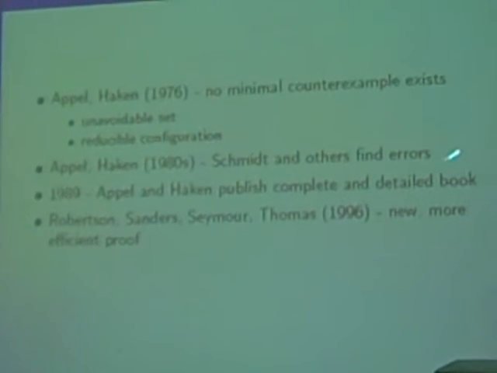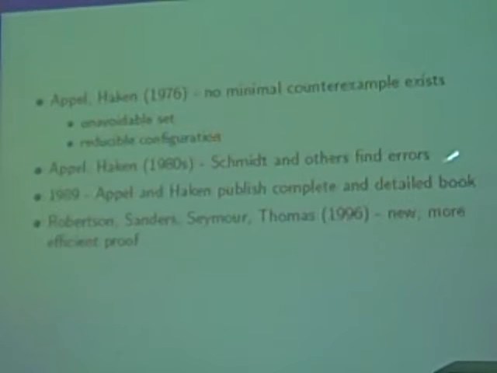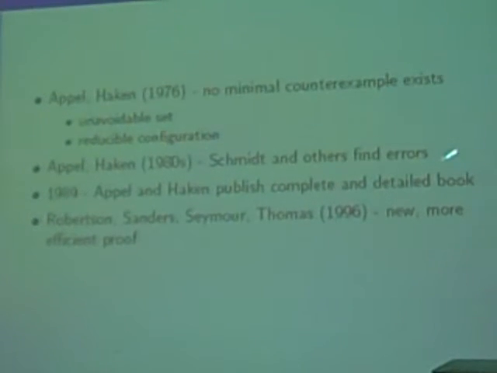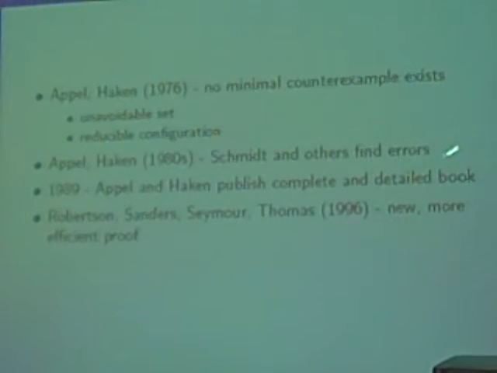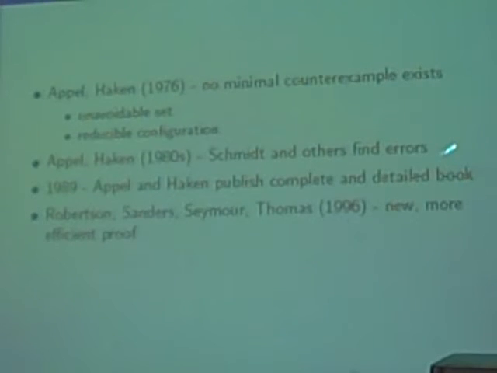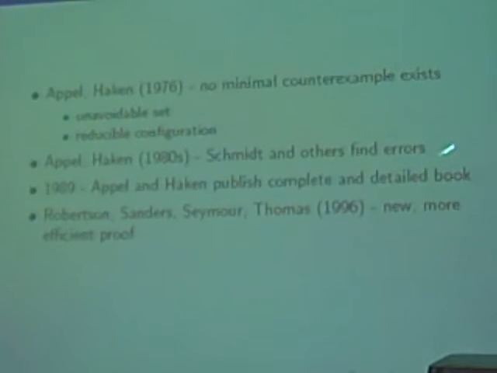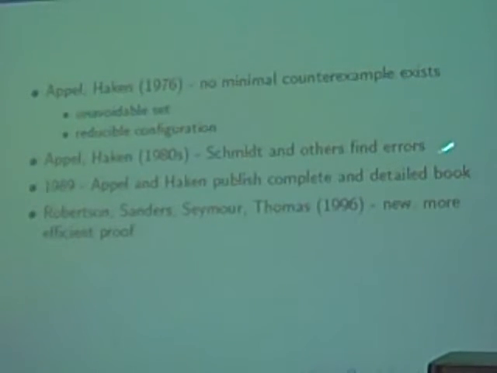And then also showing that there are some subgraphs that we can assume are not in the graph, because if they are, we could color the rest of this minimal counterexample and then be able to color this remaining little part as well. So those are the two main ideas behind it.